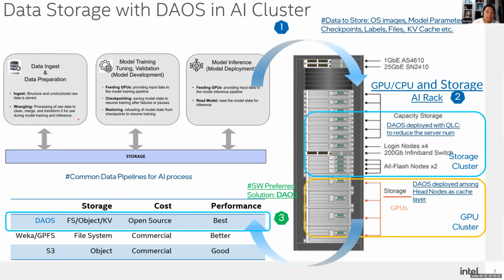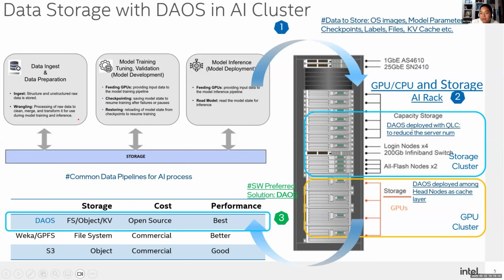No matter the preparation or the training or inference, they will have a huge demand for storage. For the training, we can save the data and the checkpoint, and for inference, we may need to save the KV cache for the currently popular KV cache reuse scenario.